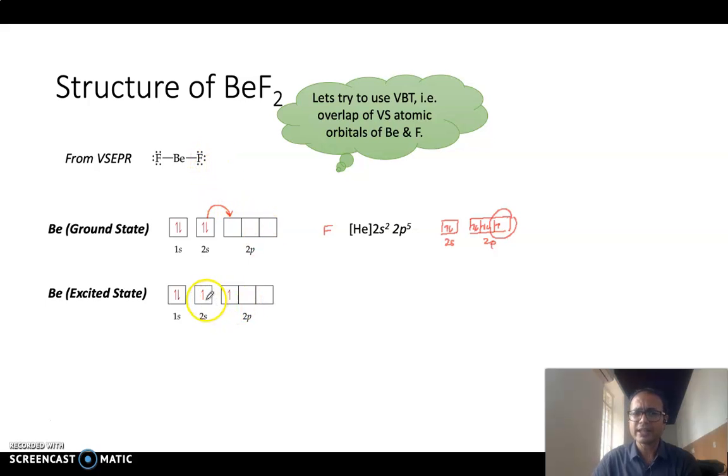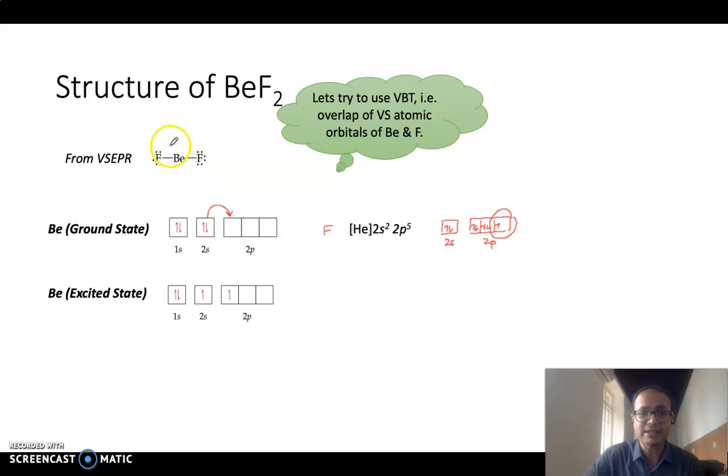So if two different kinds of orbitals are involved in bond formation on beryllium, that should mean these two bonds are completely different. That means the bond length and the nature of the bond should be different, because they are formed with the overlap of different sets of orbitals.